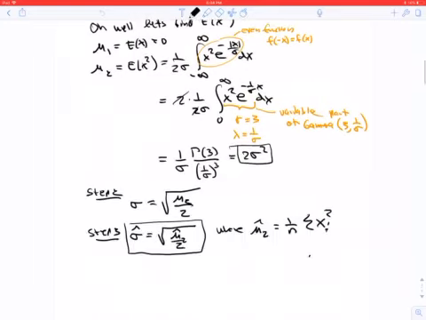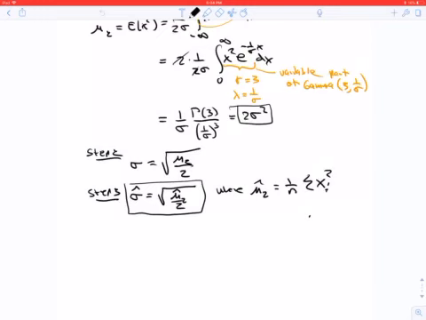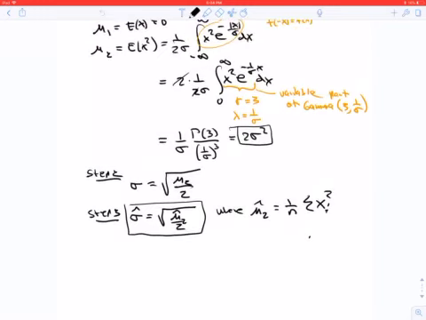Here, because it's an even function, we recognize the integrand as being the variable part of a gamma 3, 1 over sigma, and then conclude that the second moment is 2 sigma squared. We solve for sigma in terms of the second moment, and then use the sample moment to give us the MOM estimate.